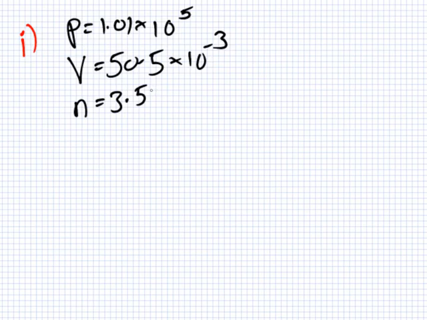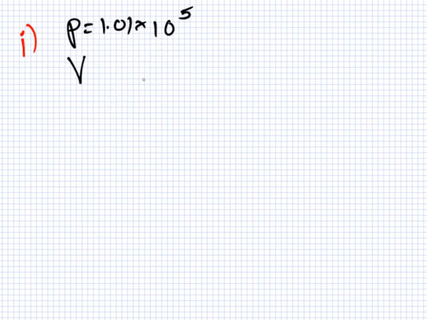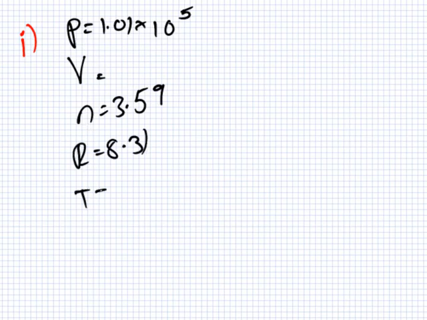There's a new volume? Oh, that's what we want. Thank you. We want the new volume. The n is 3.59. The R is 8.31, and the T is 273.15.